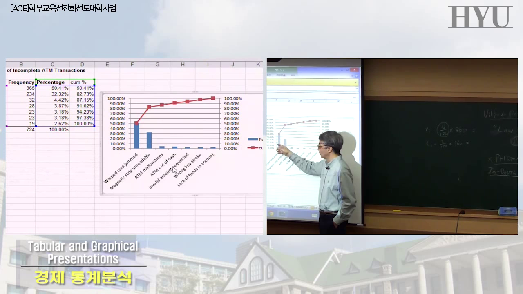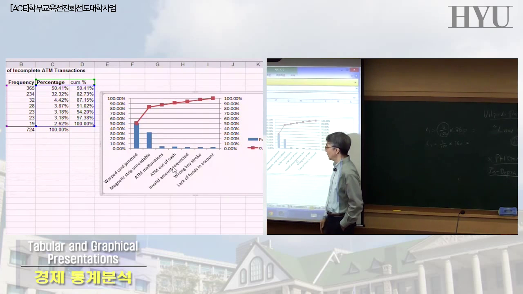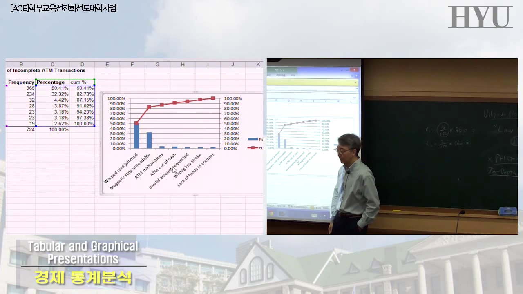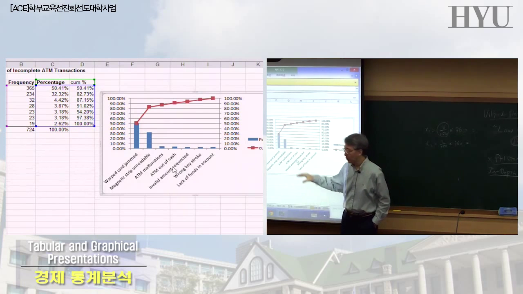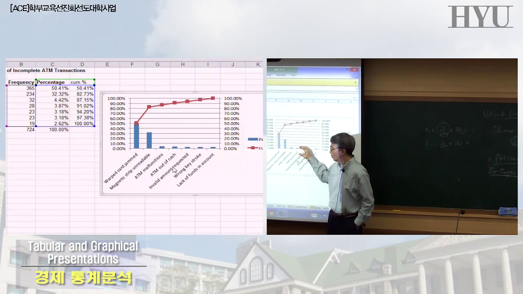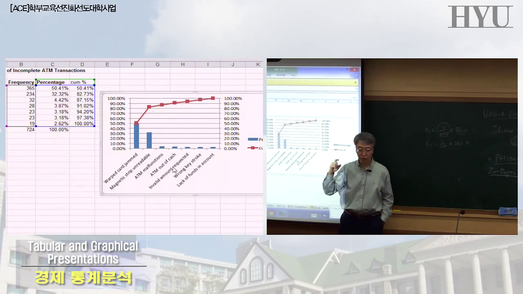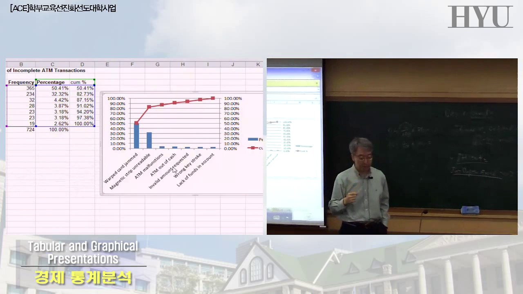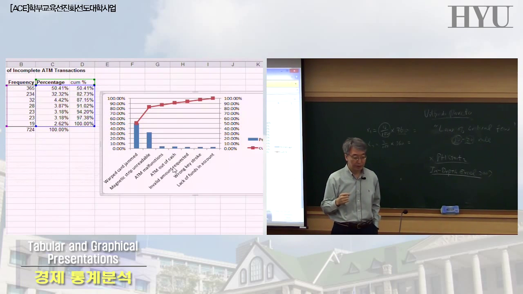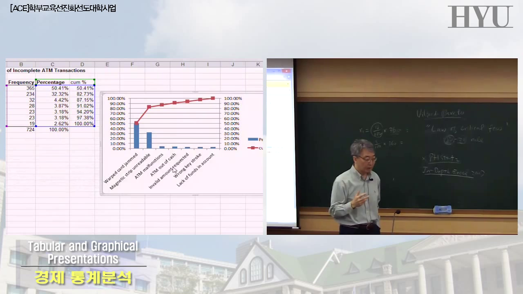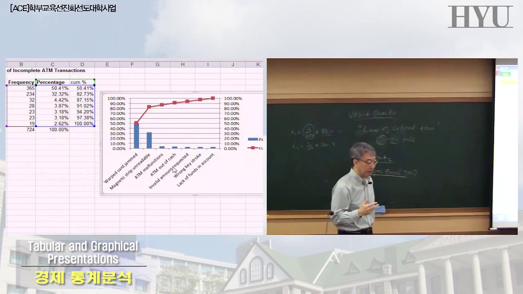So I guess what that means is, in some cases for the bar chart you use regular frequency instead of relative frequency, but for the polygon, you use cumulative frequency, or relative frequency. So you can modify these Pareto charts depending on your purpose.